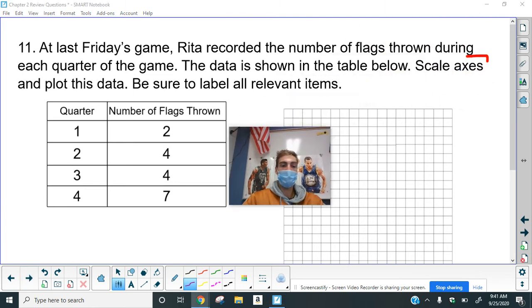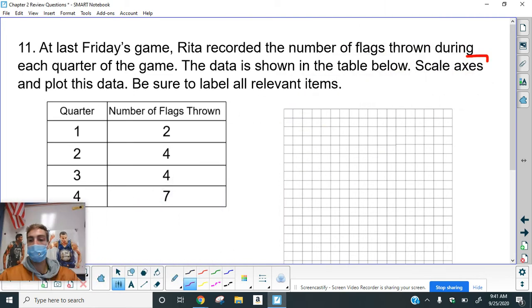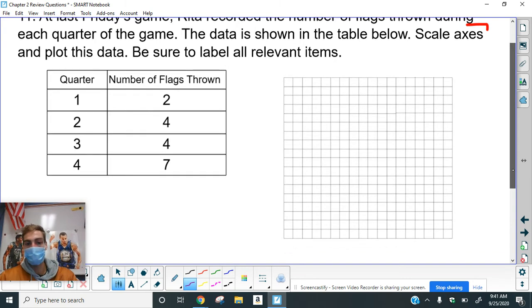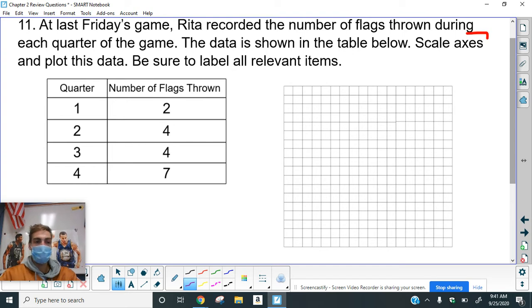All right, now this question here is about scaling and graphing. So first things first, I'm going to try to figure out what my x and y axis are. So I have my quarters, and then I have my number of flakes thrown. So I'm thinking about my independent variable, which can stand alone.